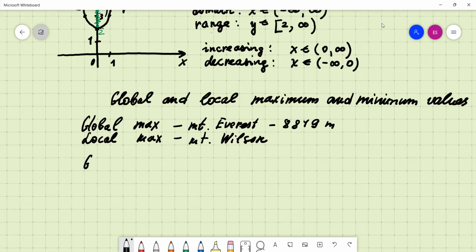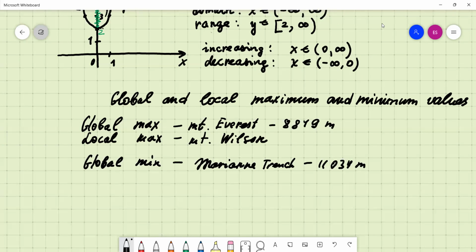And global minimum, Mariana Trench is 11,034 meters. Well, that's how deep it goes. And that's a global minimum because there is no deeper point on Earth.